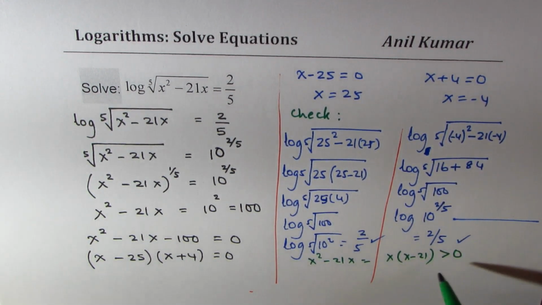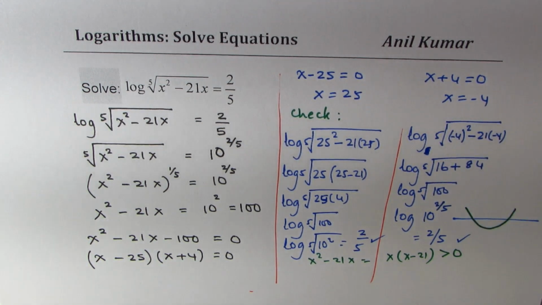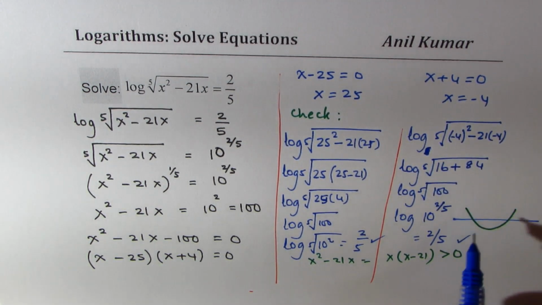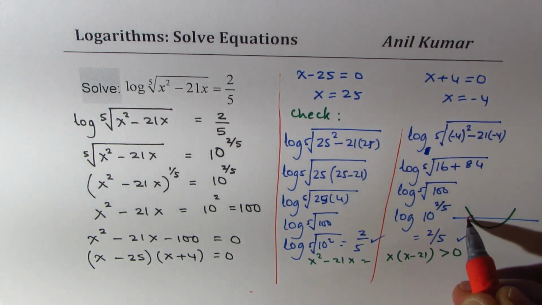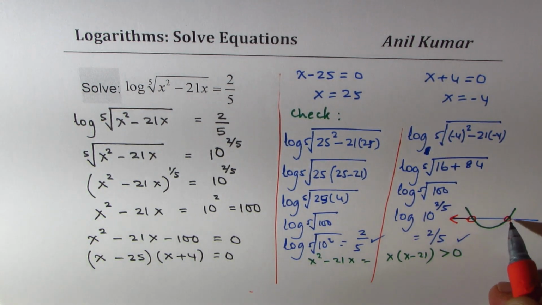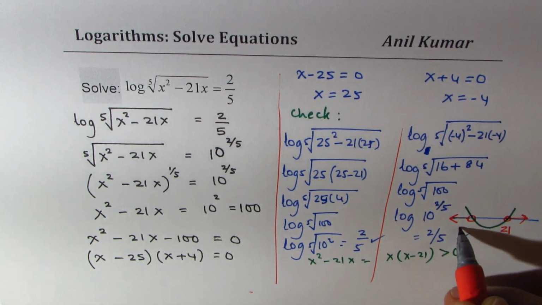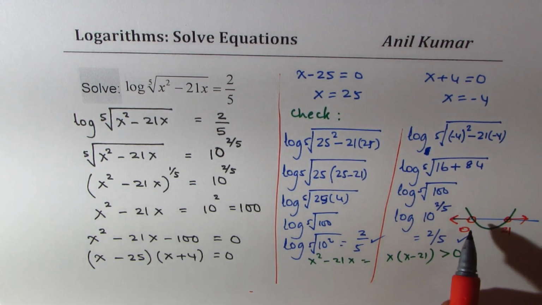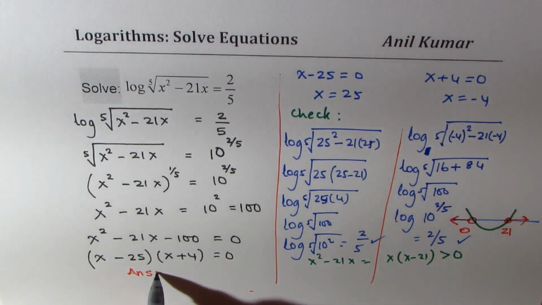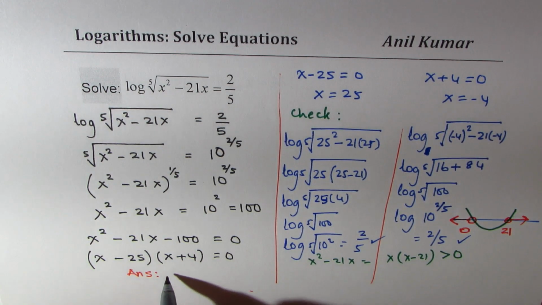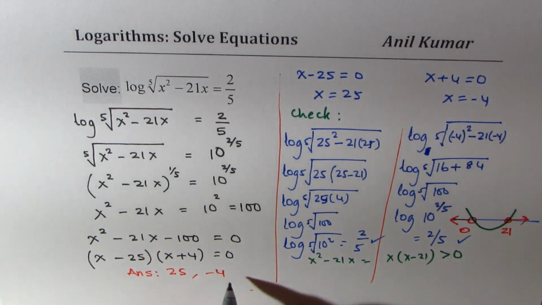If I have a parabola represented by this equation, it is positive when x is less than 0 or greater than 21. So any negative value could be a part of your solution, as we saw here. So in this particular case, we really do not have an extraneous root, and we have two answers. So our answer for this particular question is 25 and minus 4.